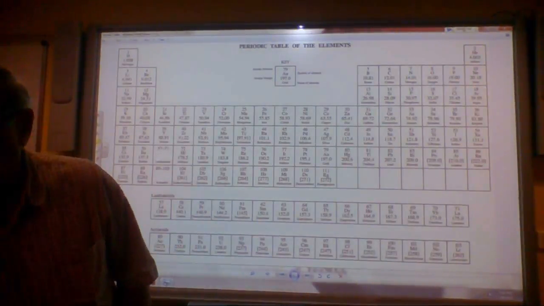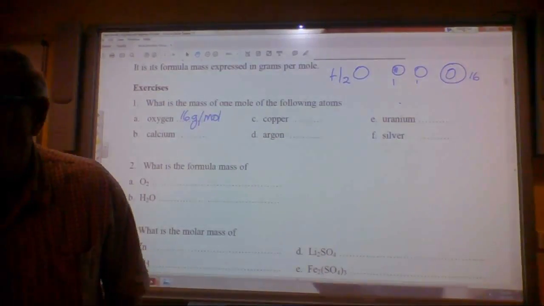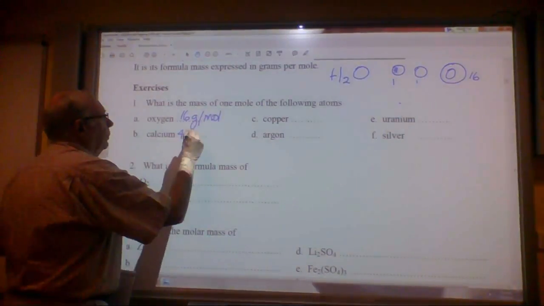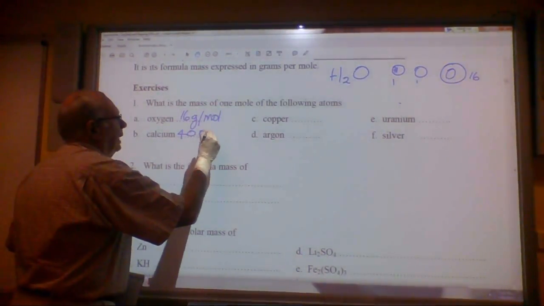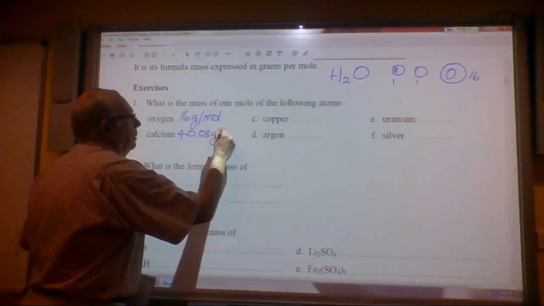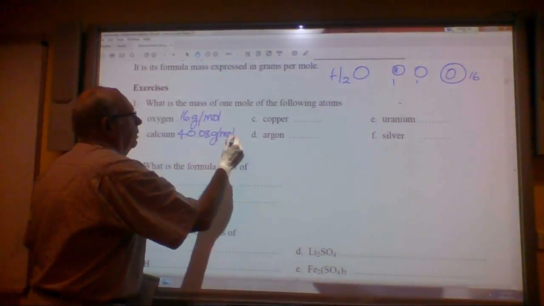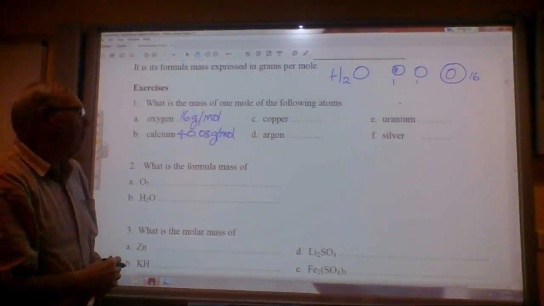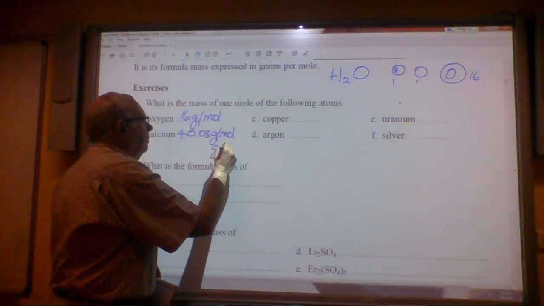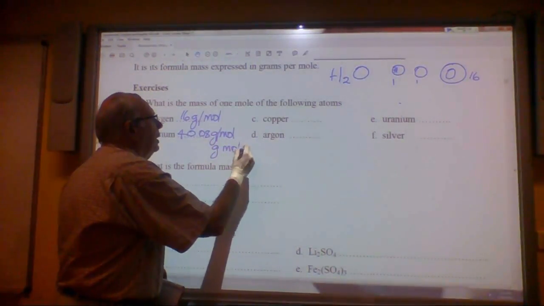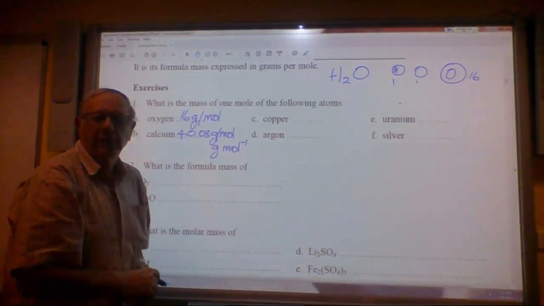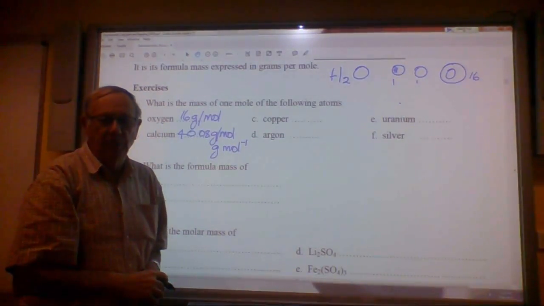So going back to here, our answer is 40.08 grams per mole. Now I can write it as grams per mole like that, or I can write it as grams mole to the -1. Doesn't matter too much which way we write it.